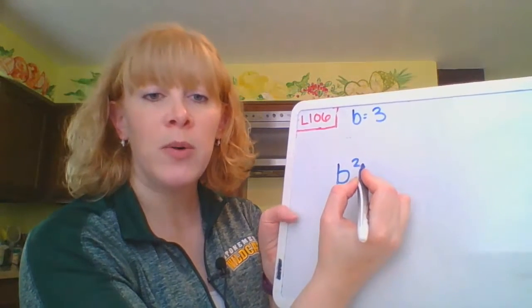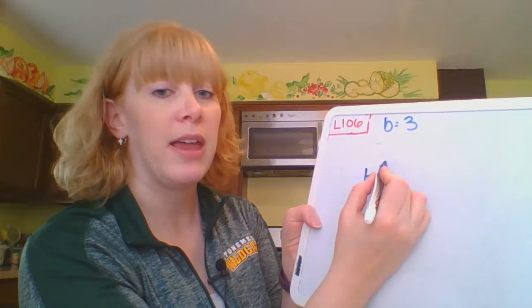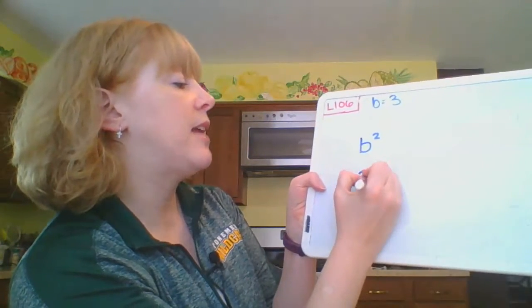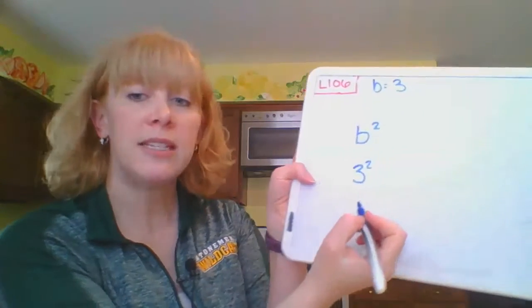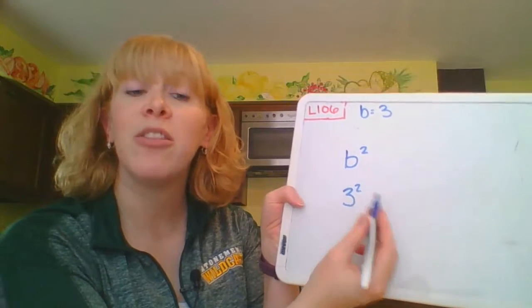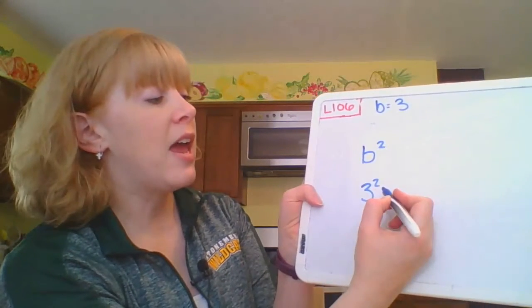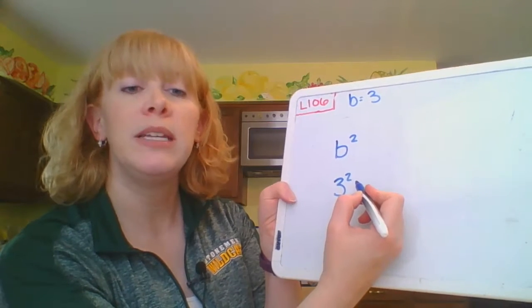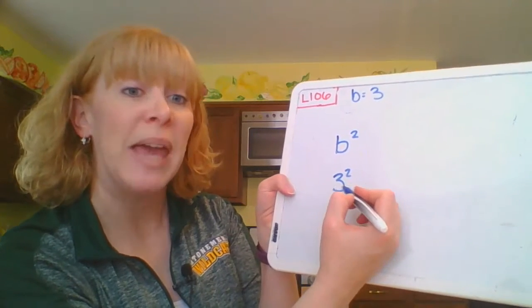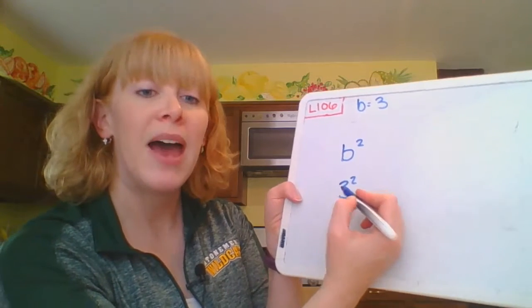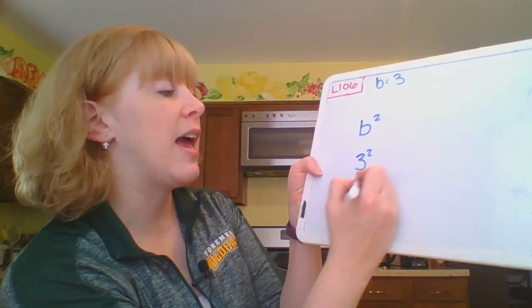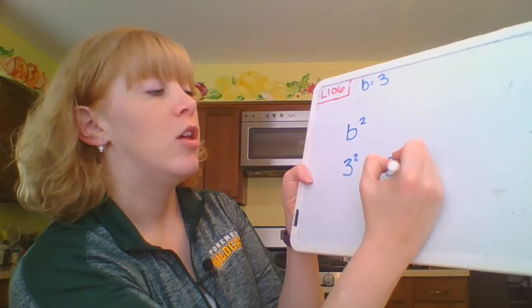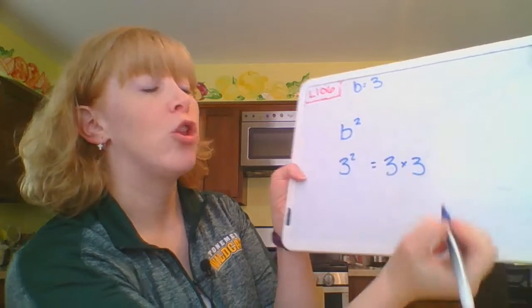Remember that that exponent is not saying I'm multiplying this by 2. It's not 3 times 2. That exponent is telling me how many times I am multiplying the base, the bottom number, by itself. So that is actually 3 times 3.